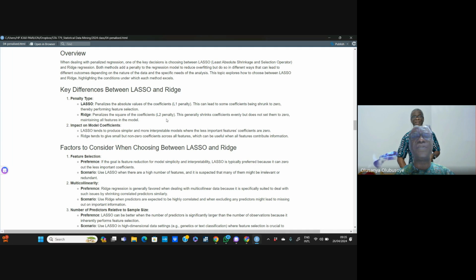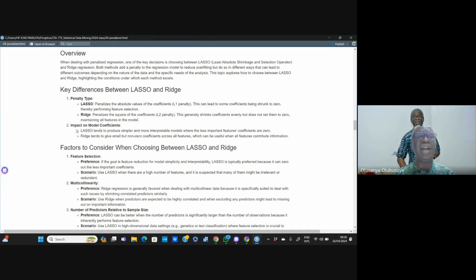So all the features will still be in Ridge, whereas some features will be eliminated, removed completely, in LASSO. So LASSO does not tolerate irrelevant, useless features. That's why even if the variables are correlated, you can still use LASSO regression.